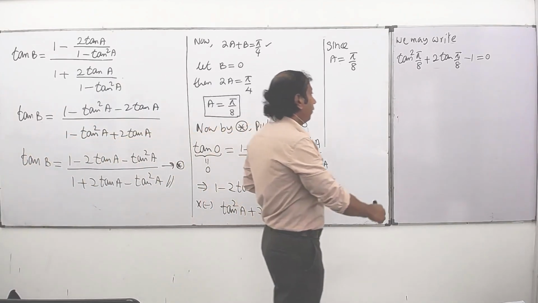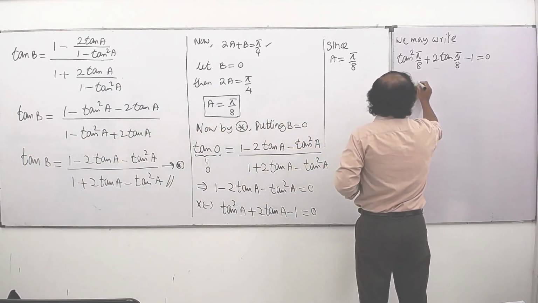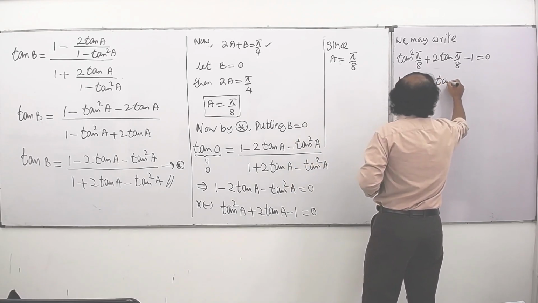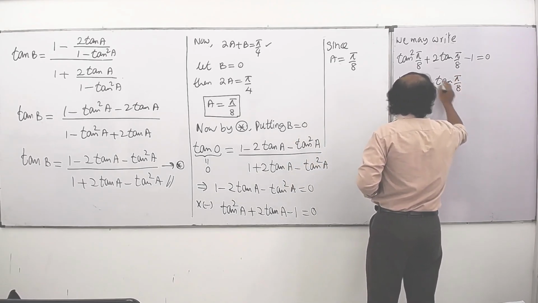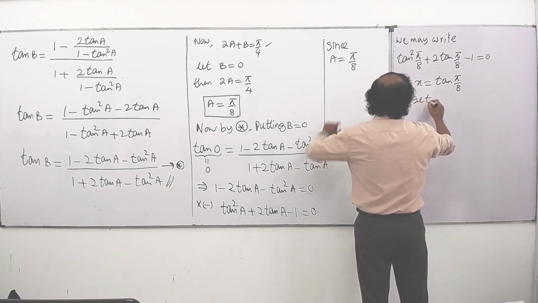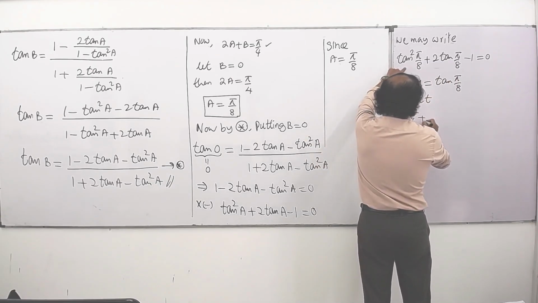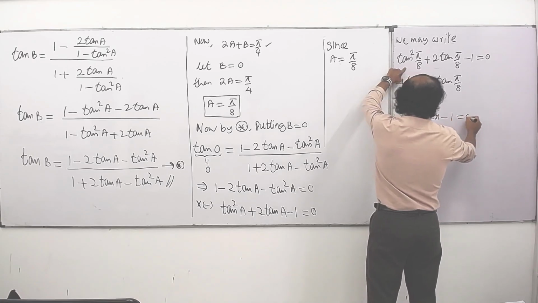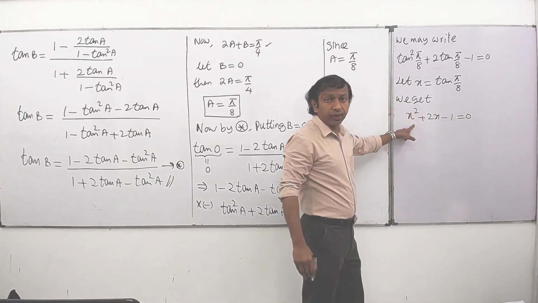Right. Let x equal tan pi by 8. Therefore, this reduces to x squared plus 2x minus 1 equals 0. Then what is x here? Tan pi by 8.